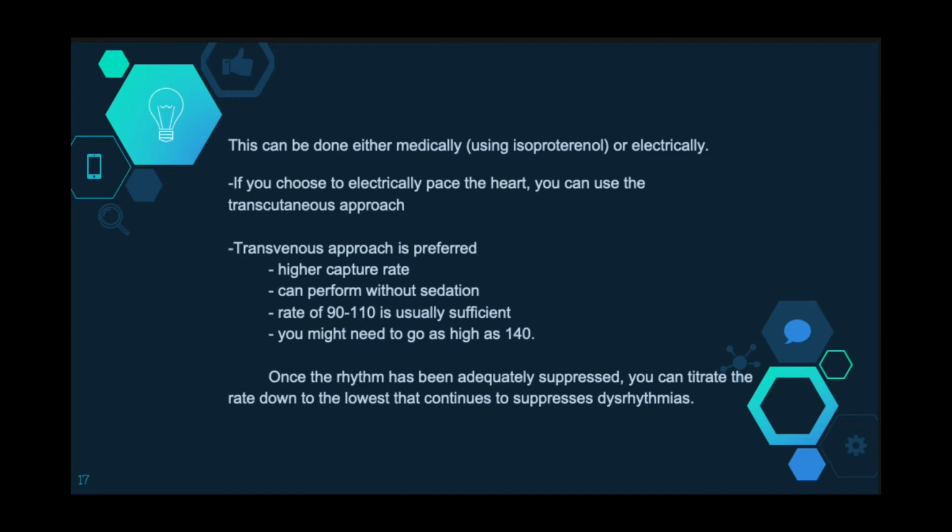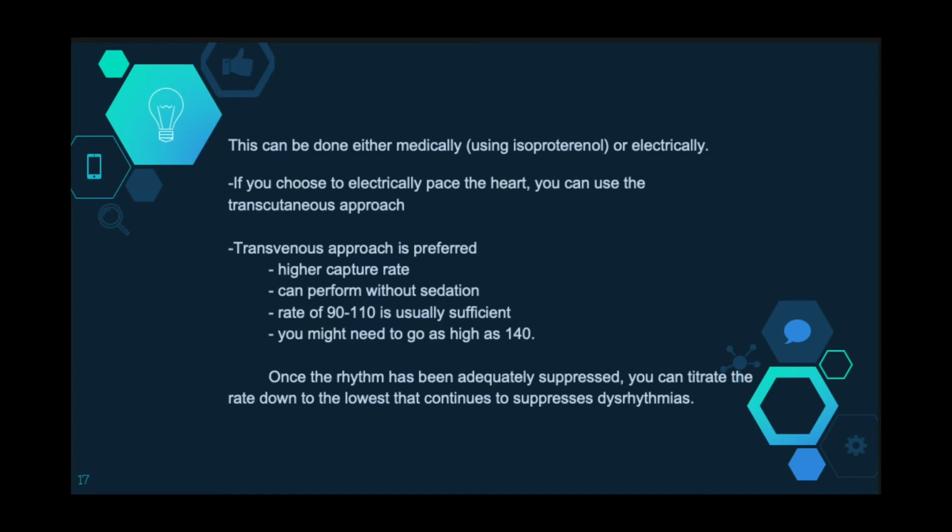The medication they were talking about was isoproterenol, which I've never used before, but they talked more about the pacing, so transvenous or transcutaneous approaches. The transvenous is preferred mainly because you can get a better capture rate and you can perform it without having to sedate them.